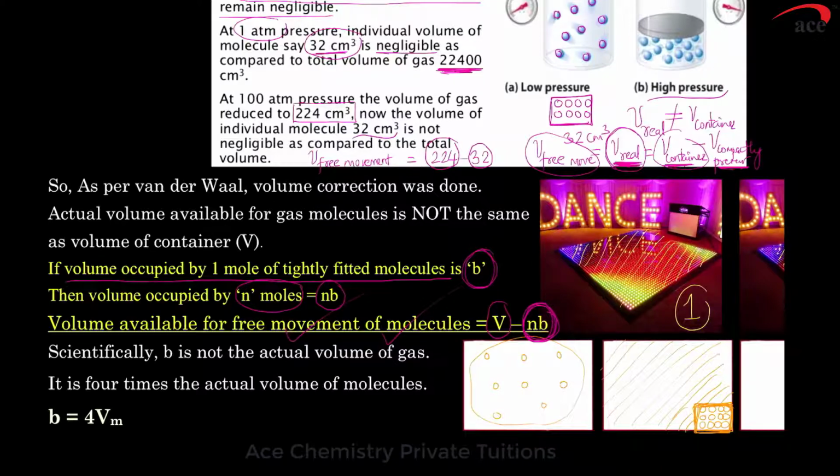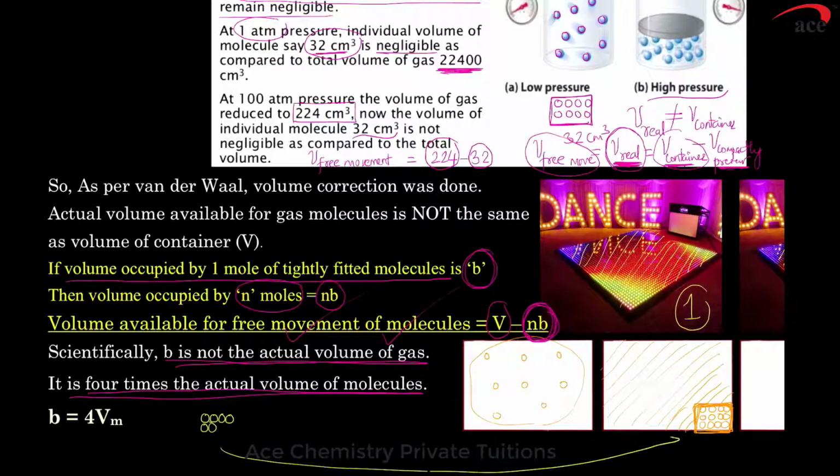Now it has been found scientifically that b is not the actual volume of all the gas molecules. It is 4 times the actual volume of the molecules of the gas. What does that mean? Science says if you make all the molecules come very close, as in this diagram, you cannot bring the molecules edge to edge.